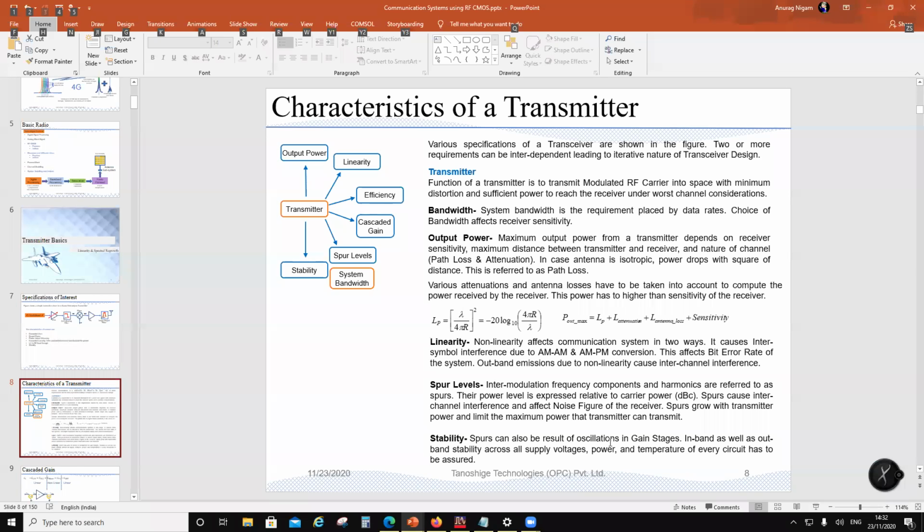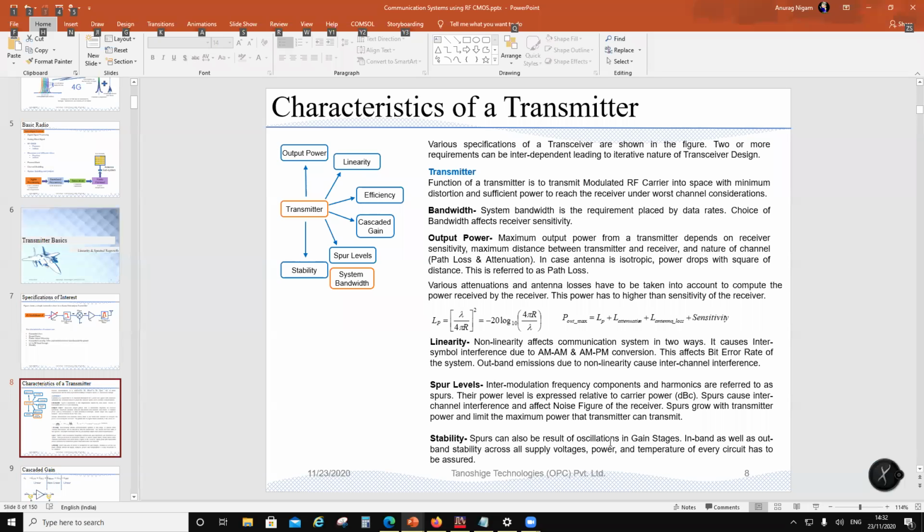So the path loss basically depends on your radiator. If I take a point source, the power will decline by 1 over 4 pi R square. If I take a line source, it will be smaller. If I take a square source, it will be smaller. So that is referred to as path loss.